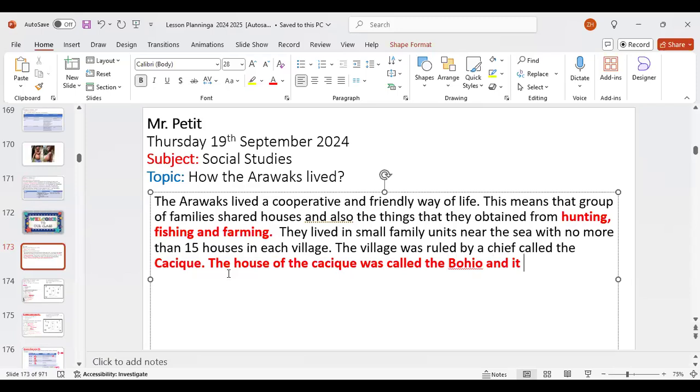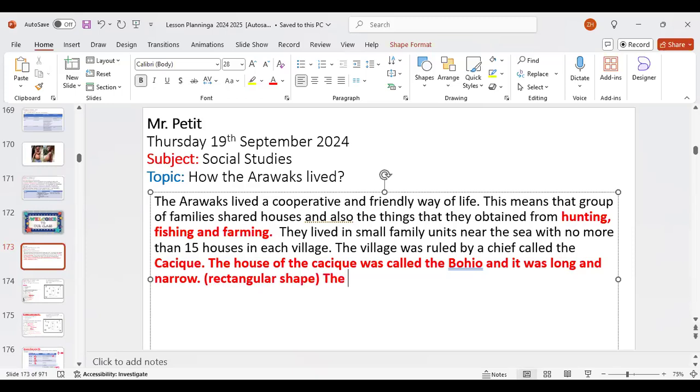And it was long and narrow. So it was rectangular in shape, all around.